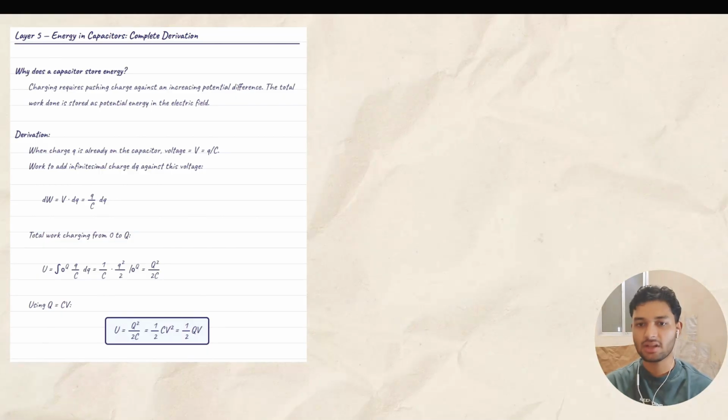So let's move on to the next topic, which is energy in a capacitor and its derivation. Why does a capacitor store energy? Charging requires pushing charges against an increasing potential difference. So the total work done is stored as potential energy in the electric field. When I was teaching you about the electric field in the previous video, please watch it, guys. If you have not watched it, you might lose some concepts here.